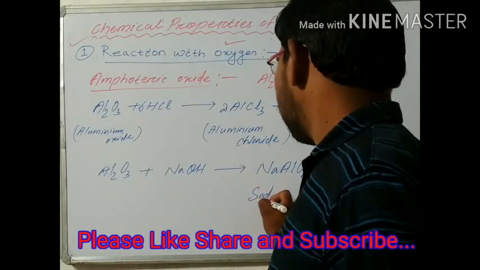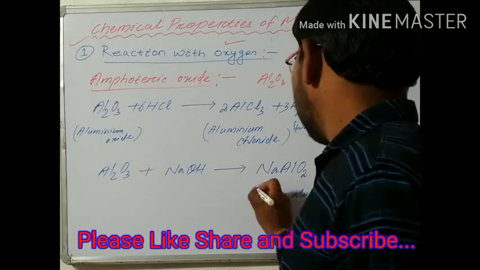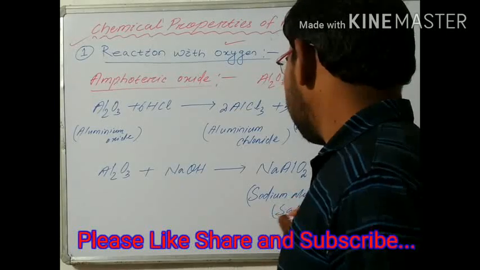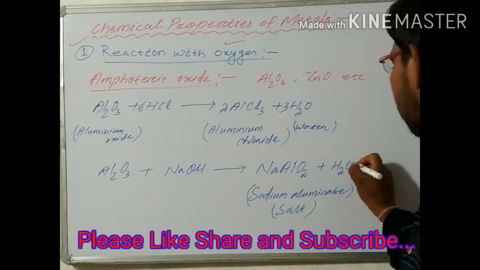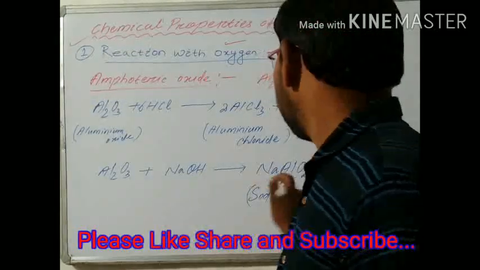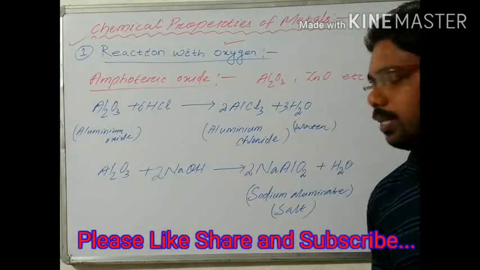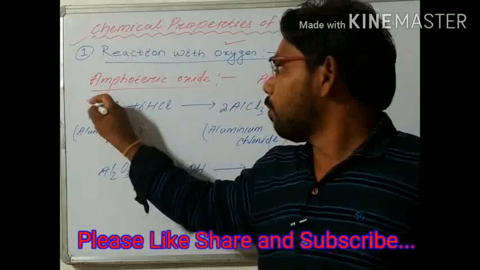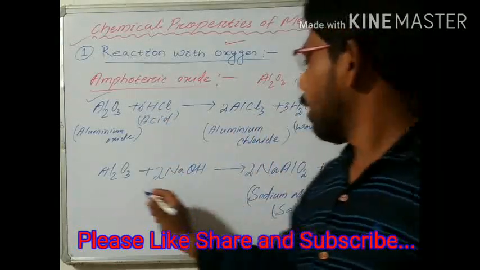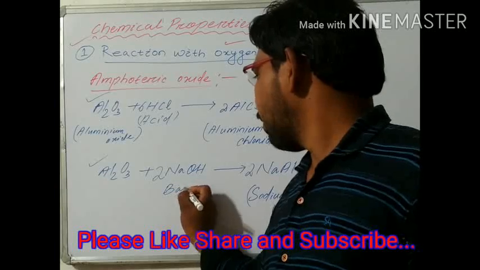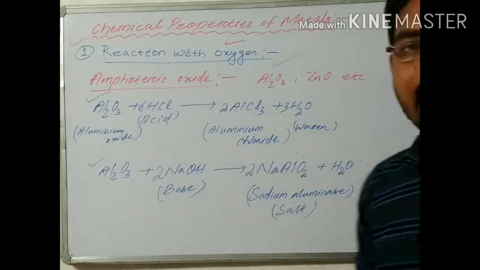Sodium aluminate is a salt. To balance, we multiply aluminium by 2, sodium by 2, and hydrogen by 2. So aluminium oxide reacts with acids to form salt and water, and it also reacts with bases to form salt and water. That's why aluminium oxide is an amphoteric oxide.